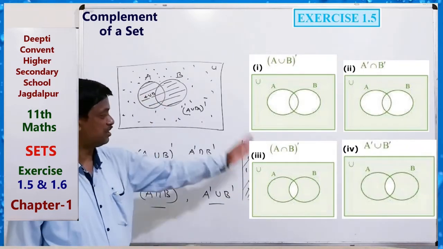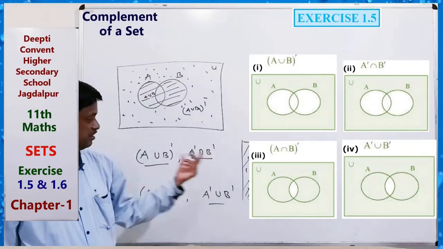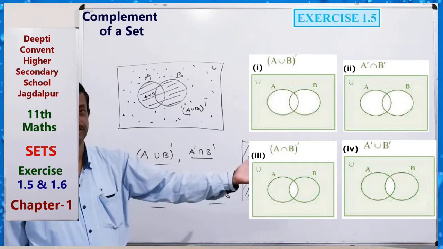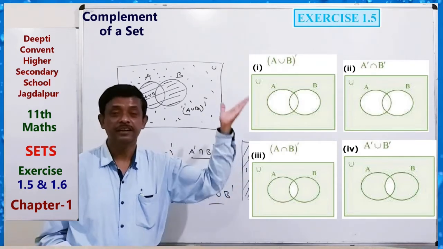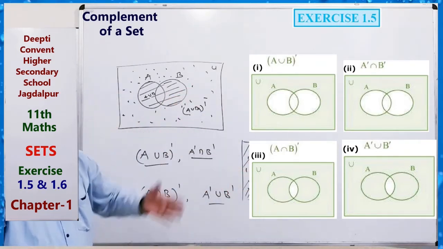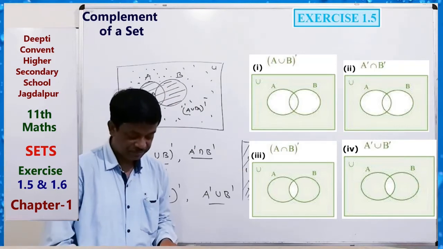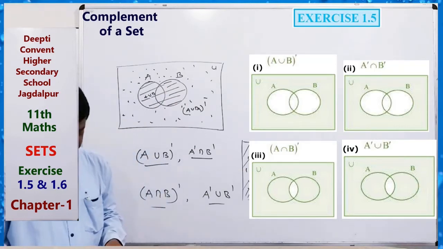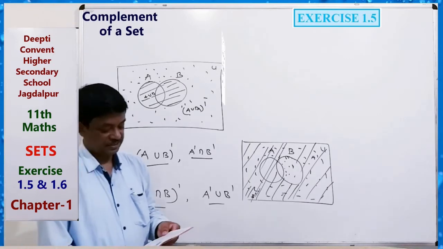We see that the first two are equal, and also the second two are equal. So these are the Venn diagrams for question 5. Okay. Now last question, 6.